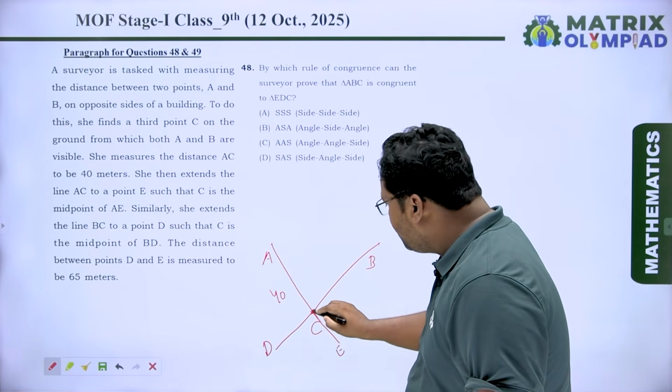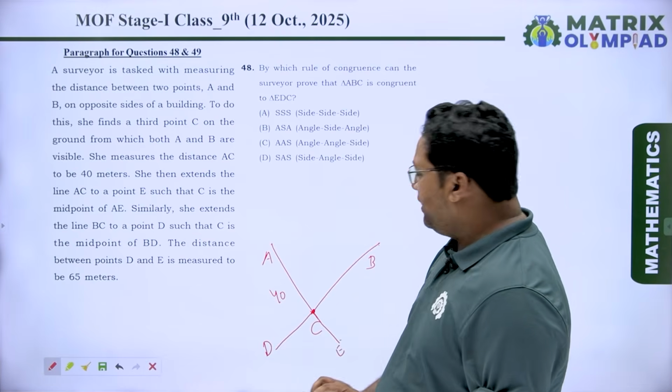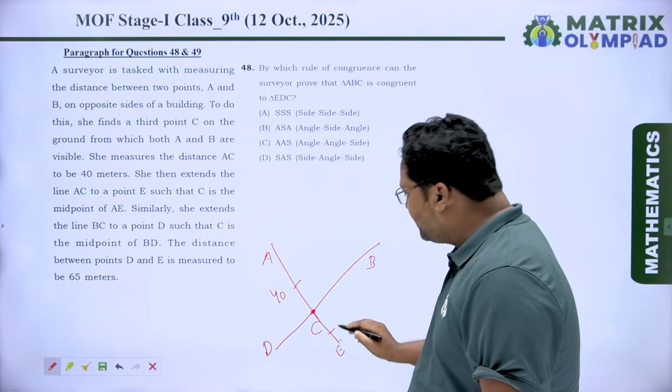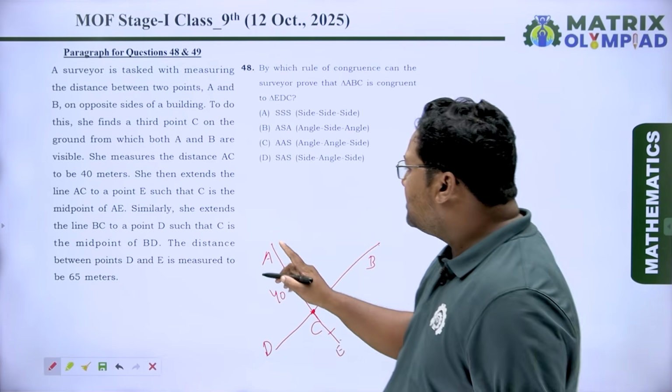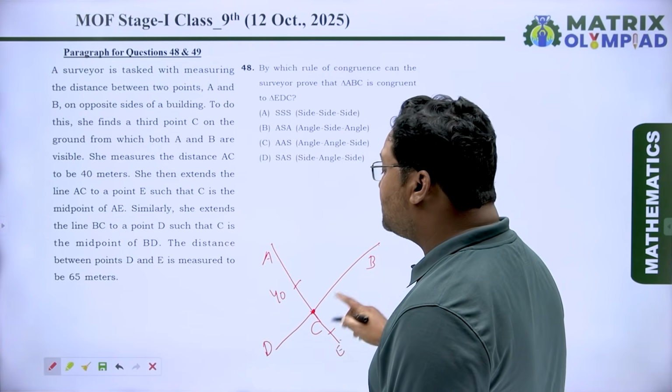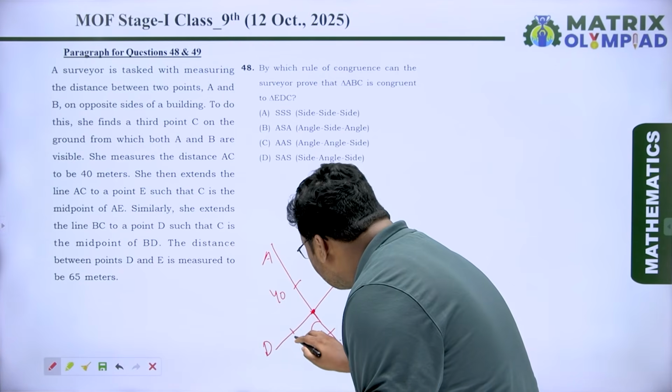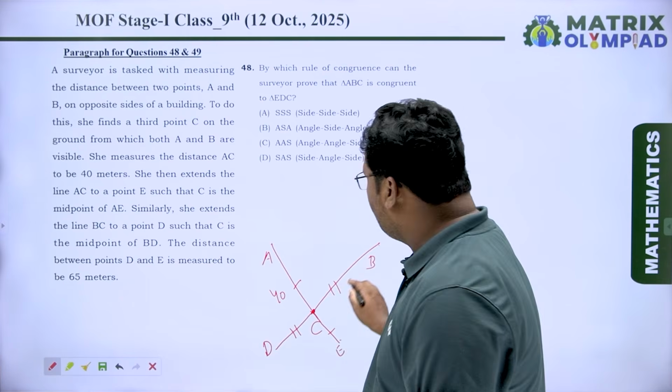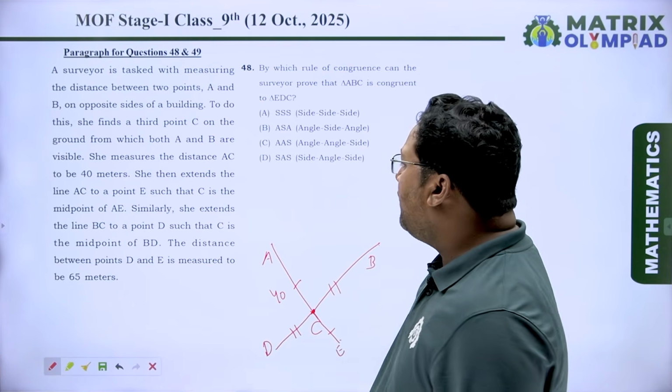Here you can see C is the midpoint of line AE. It means AC and CE are equal. Then similarly, the surveyor extends the line BC to a point D such that C is the midpoint of BD. It means these two lines are also equal. So it means BC and CD are equal.